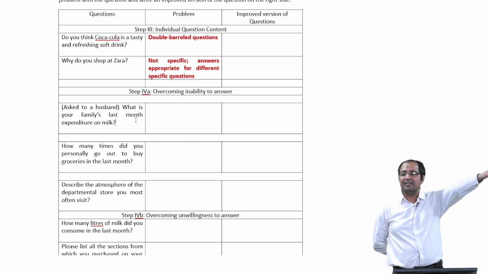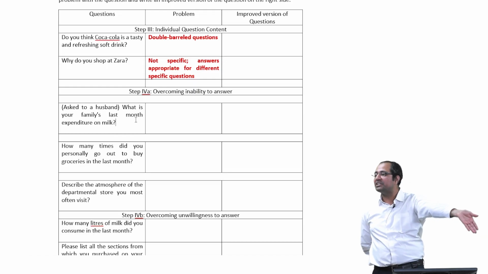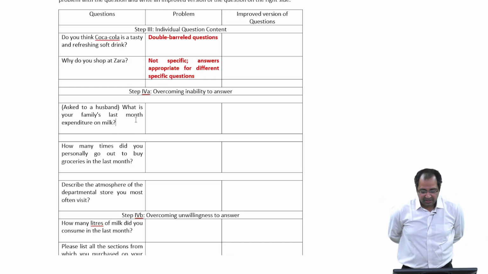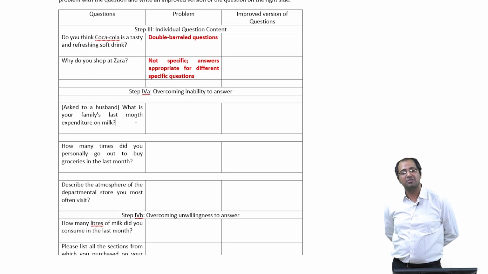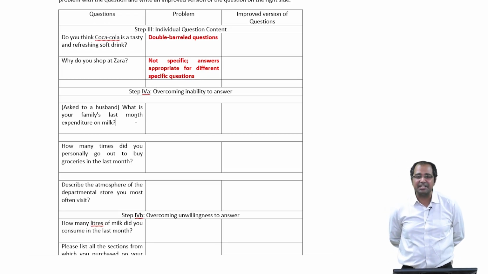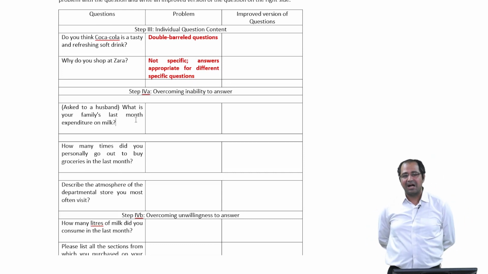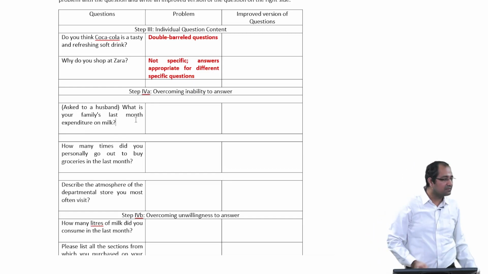That would not be true. That would at most be approximate. You do not want things to be approximate. That is why you should ask these questions to the person who is knowledgeable about this. So that is one, overcoming inability to answer, which means when you are asking questions, ask the respondent who is aware of that thing, not somebody who is not aware of it.